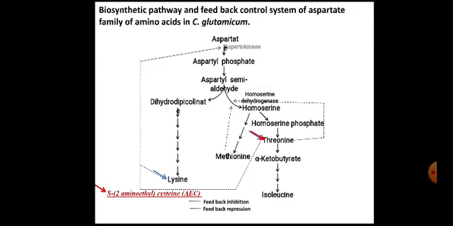This permanent damage will lead to the death of cells, because now the cell is not able to synthesize any of these amino acids. So ultimately it will lead to death. This is how the toxicity of AEC is due to the permanent inhibition of aspartokinase. That means the site of toxicity of AEC is the site of control by lysine.